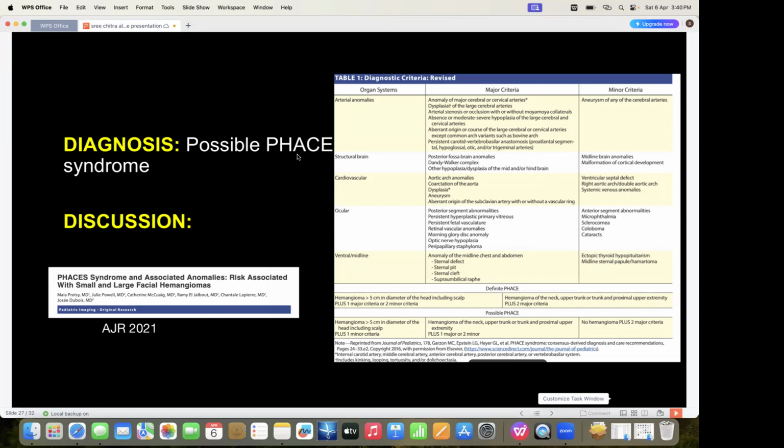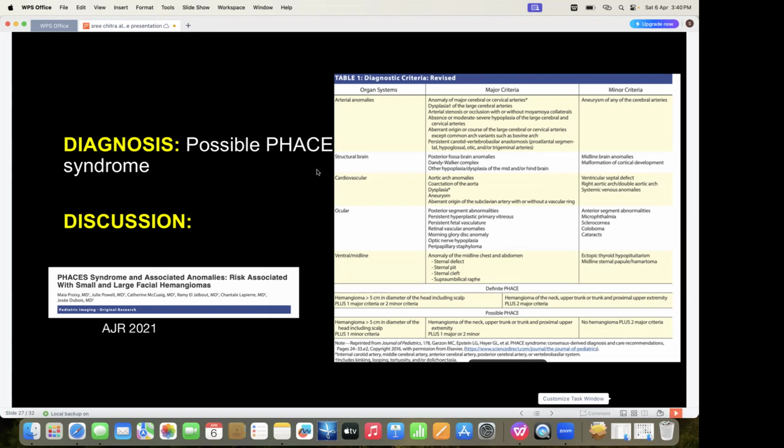A is arterial anomalies. C is cardiac anomalies. E is eye anomalies. And S is sternal cleft or sternal anomalies. So it's actually PHACE syndrome.